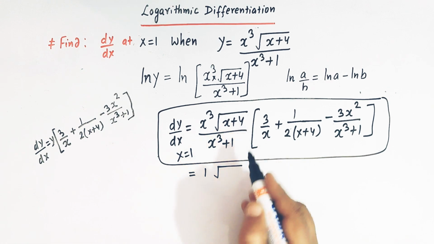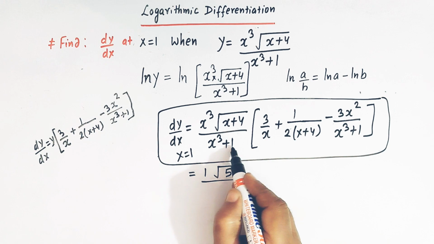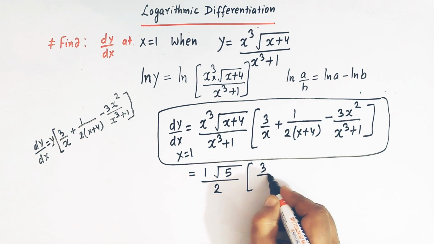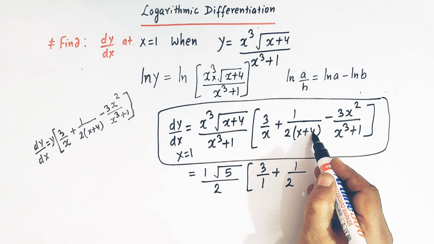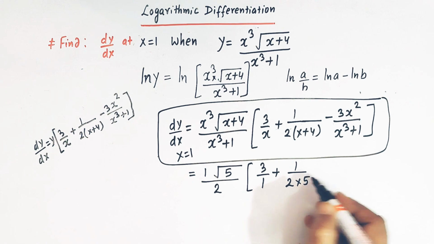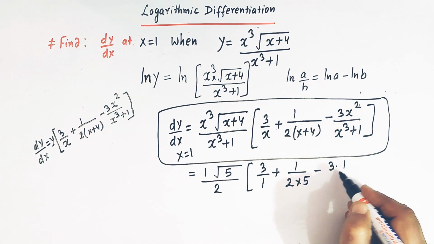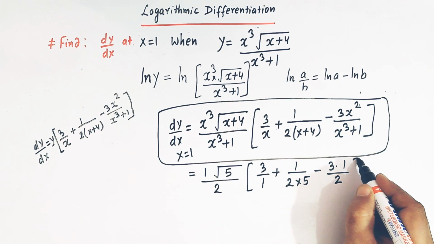So 1 plus 4 is 5, and 1 cube is 1, 1 plus 1 is 2, and then we have 3 over 1, then we have half, 1 plus 4 is 5, then we have 3 times 1 square is 1, 1 cube is 1, 1 plus 1 is 2, right?